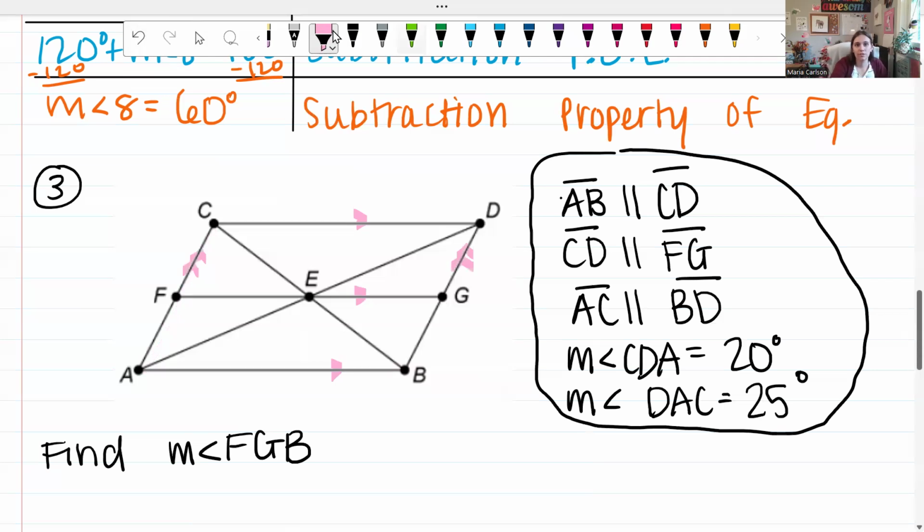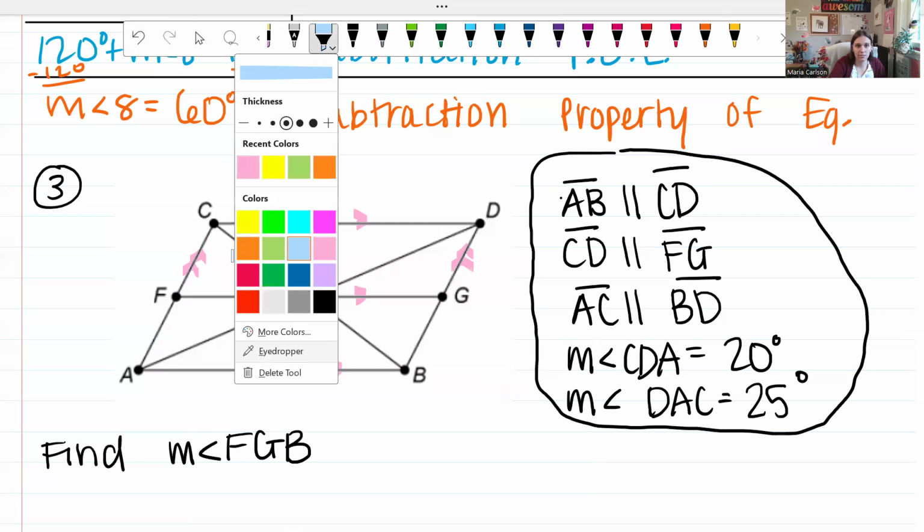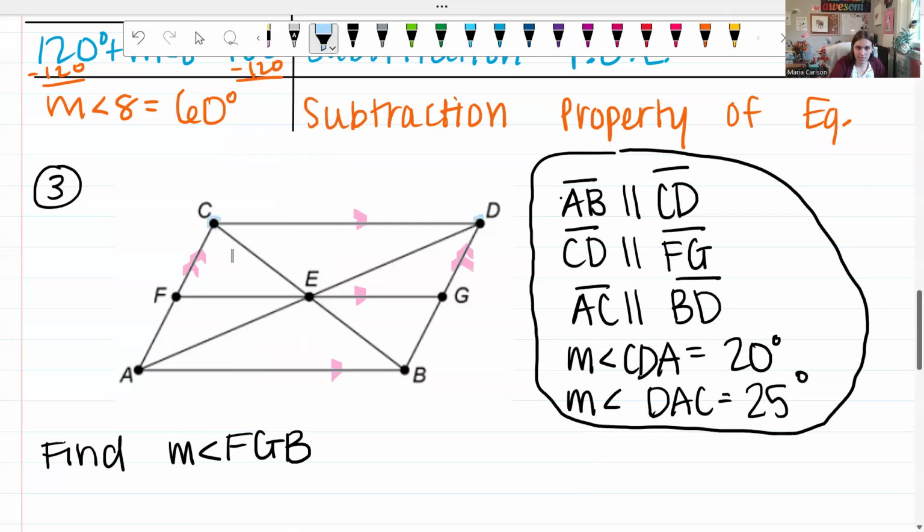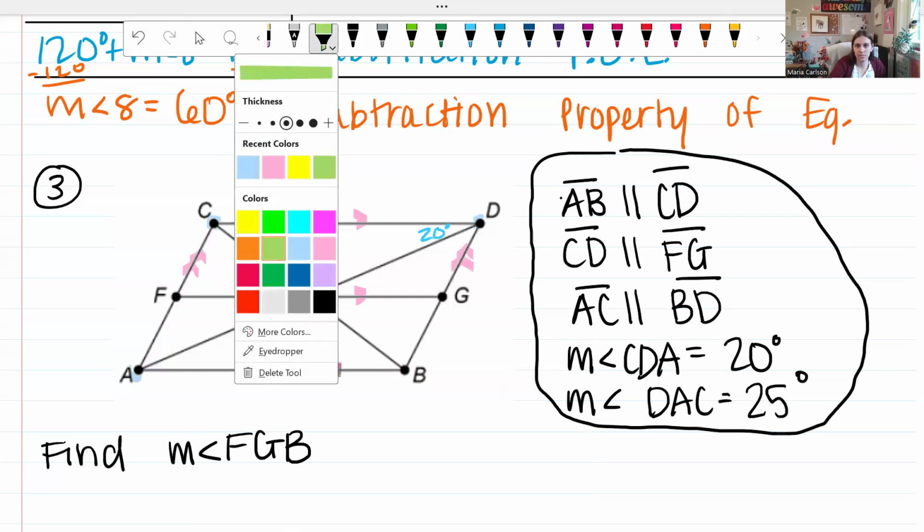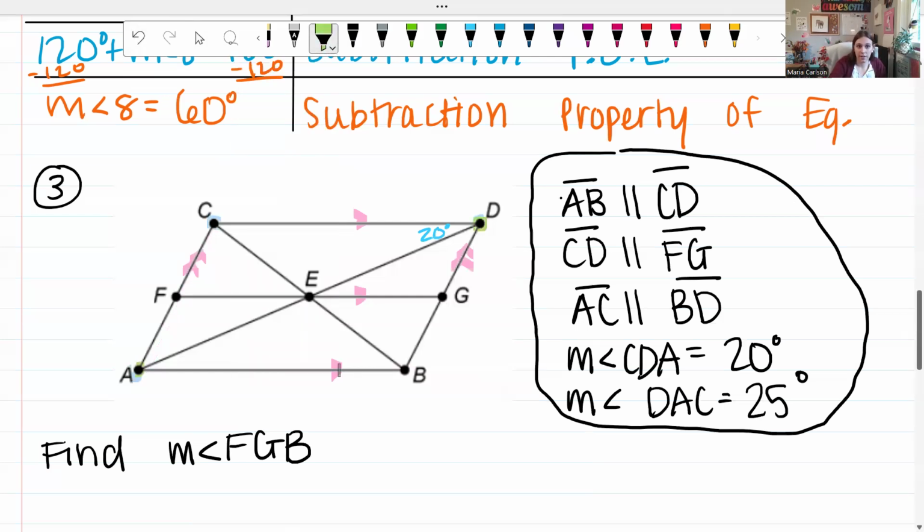These two are also parallel. We know the measure of angle CDA. So here is C, here is D, and here is A. So we know this is 20 degrees. And we know DAC as well. So find D, find A, find C. And that is 25.